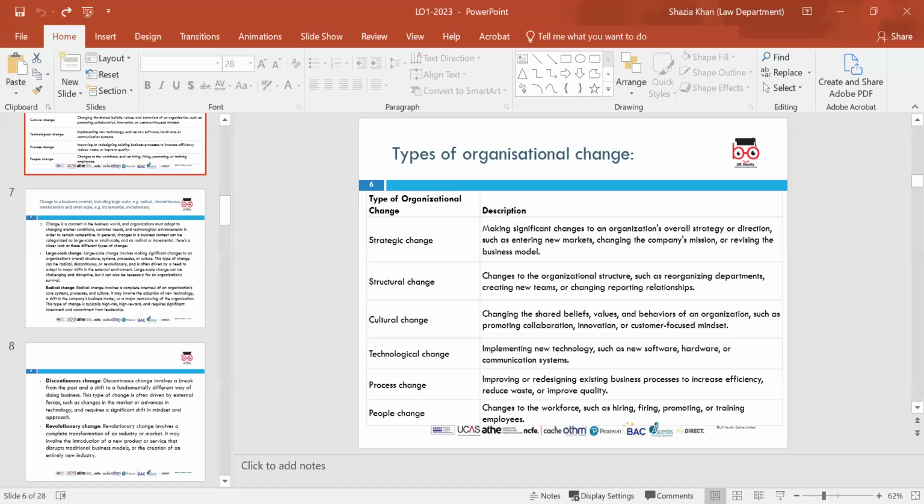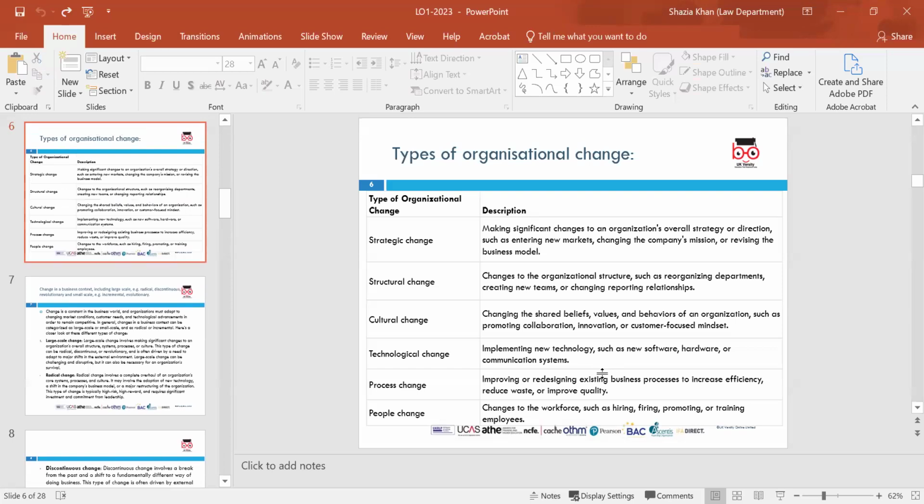Then you have process change, which is improving or redesigning the existing business to increase efficiency, reduce waste, or improve quality. And finally, people change: changes to the workforce are really important. So these are types of organizational change.